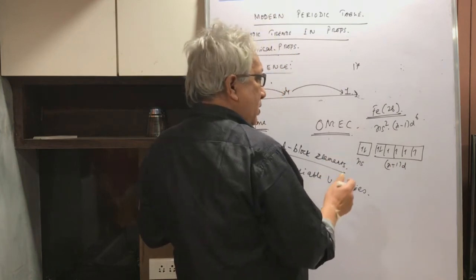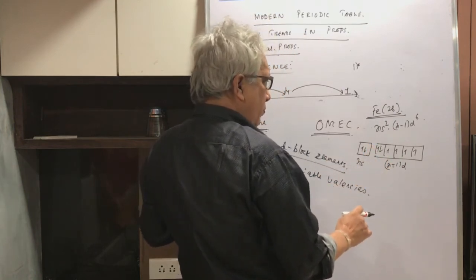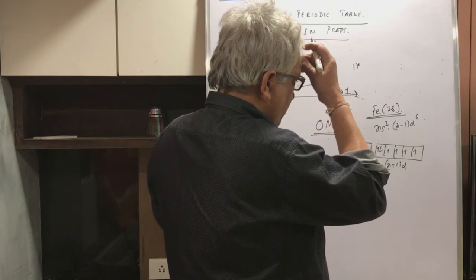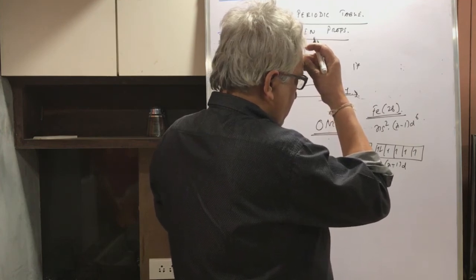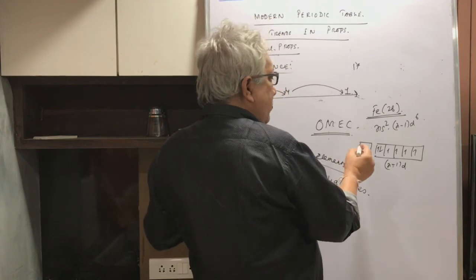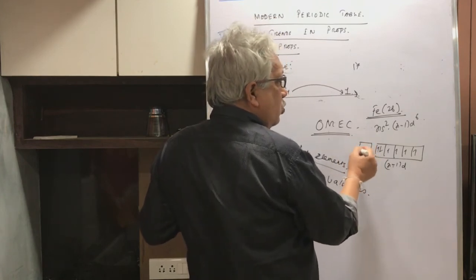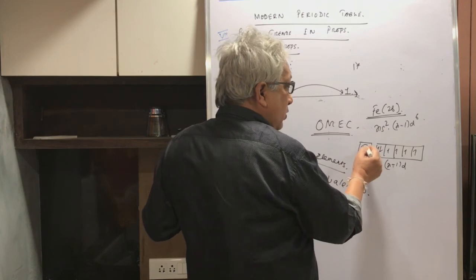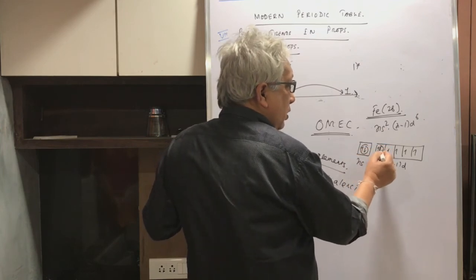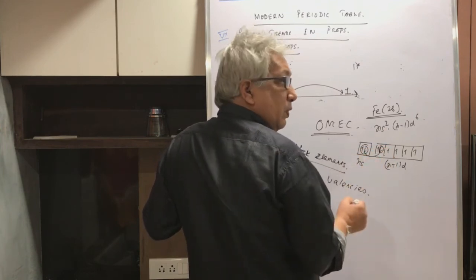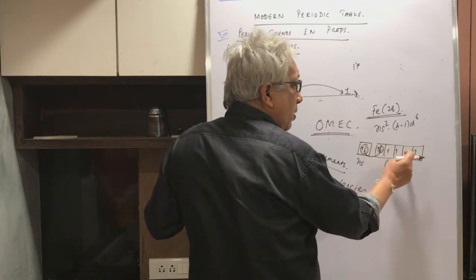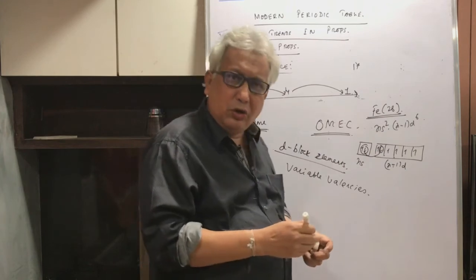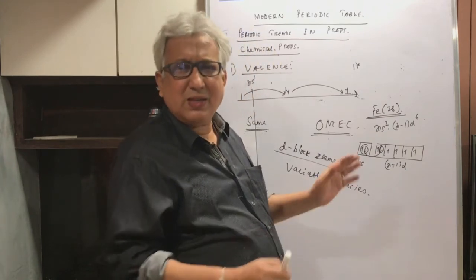Now what happens is, if these two electrons go, then it will show a valency of 2. Correct? If these two electrons and this electron go, then it will show a valency of 3. But after that, one by one the electrons can be shifted, and then it can show a valency of +4, +5, +6, like that.